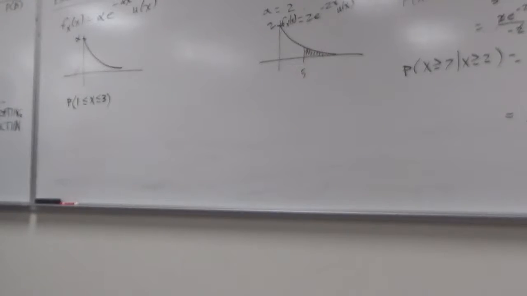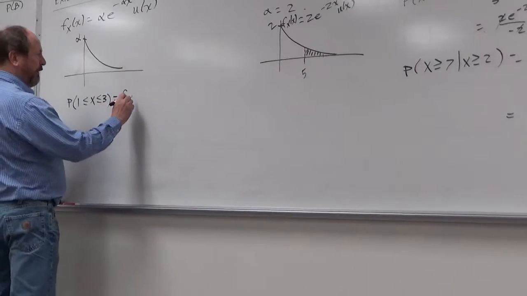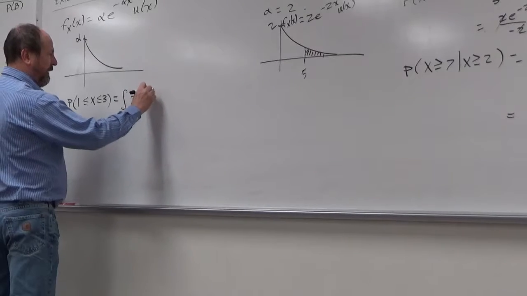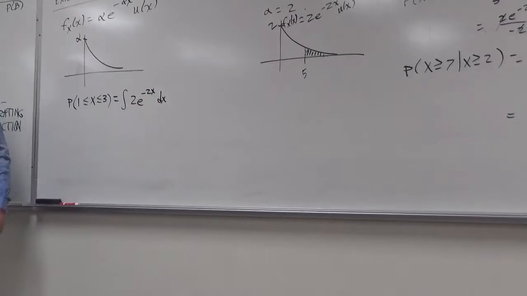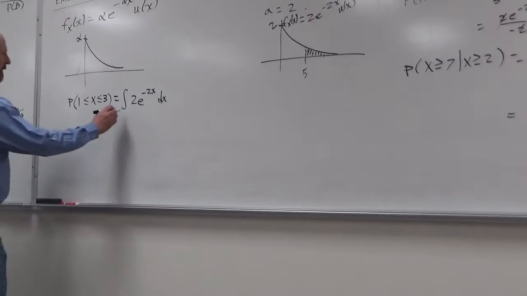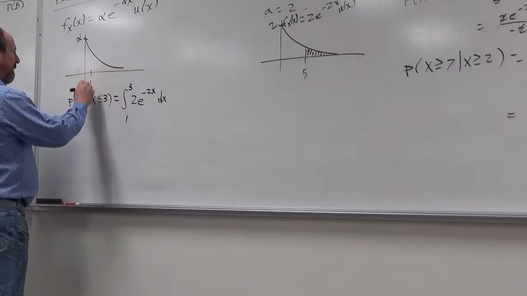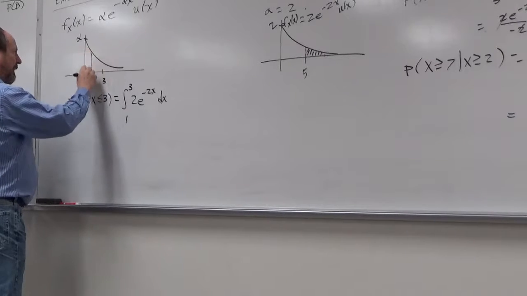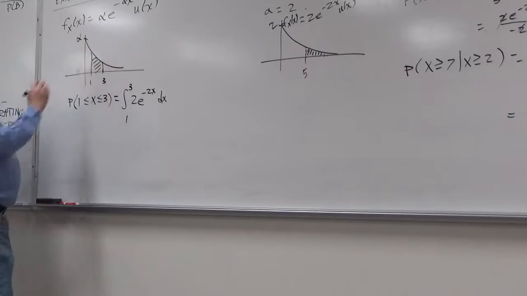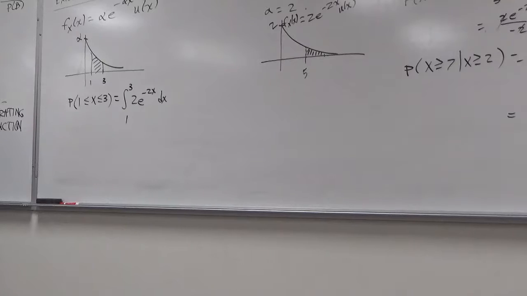How do you get a probability? You integrate. And when you integrate, you would integrate 2e to the negative 2x dx, and you need limits on that integral. Where are they? 1 to 3? Okay. 1 to 3. So that means there's 1, there's 3. That's just that area in there. Okay, that's it.